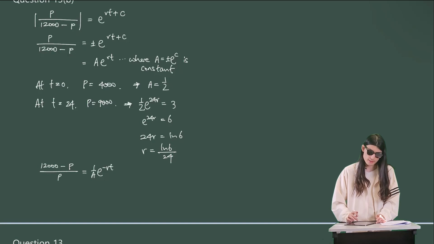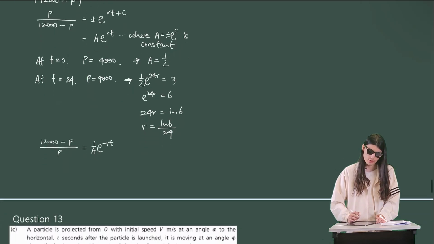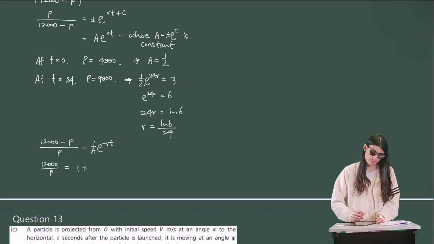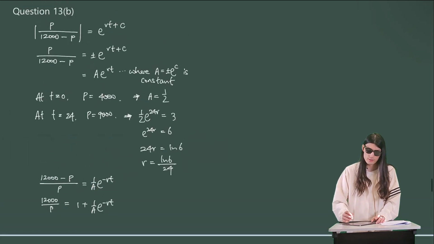So I obtain that, which then means 12,000 on P minus 1, which I can move over to the other side, is equal to that. And flip both sides once again.